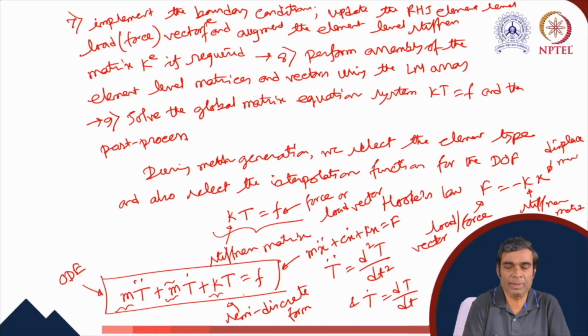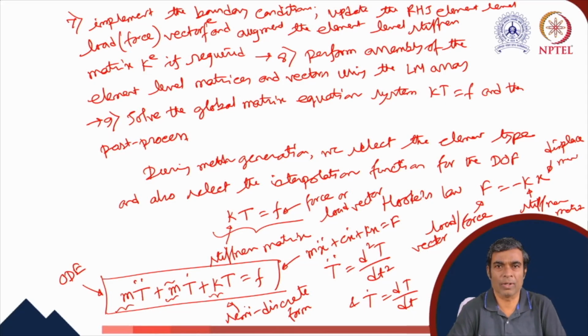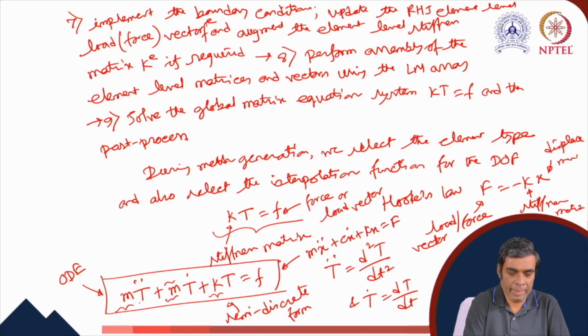K is the stiffness matrix and F is the load vector. More details on this will be provided during the discussion of transient problems. The M T double dot term comes from the double derivative in time, and the M tilde T dot term comes from the first derivative in time.